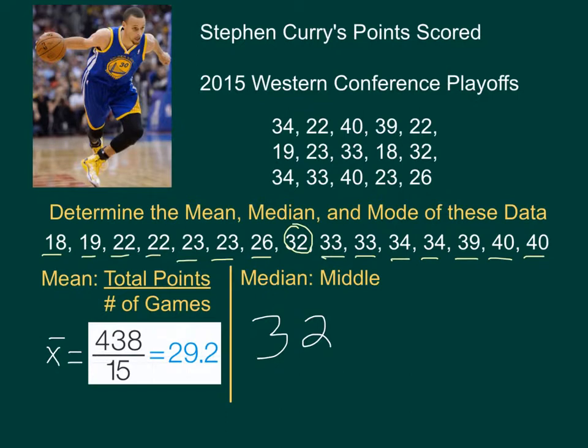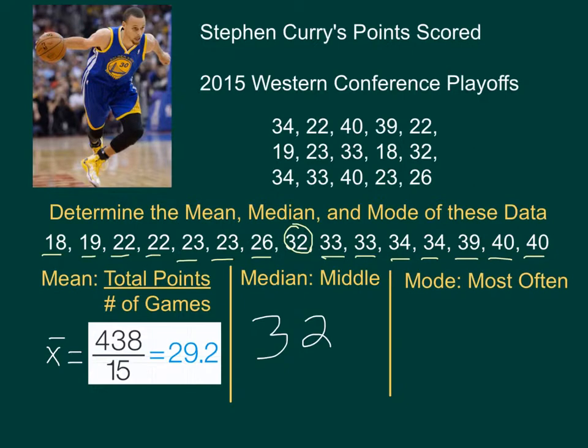And finally, let's discuss the mode. The mode is just whichever data points appear most often, if there's anything that appears more than anything else. And there are a couple of examples here, more than a couple. You'll notice that there are 222s, 223s, 233s, 234s, and 240s. Everything else shows up once.